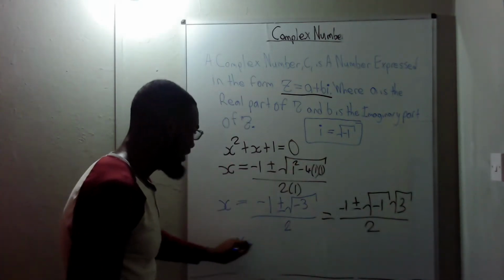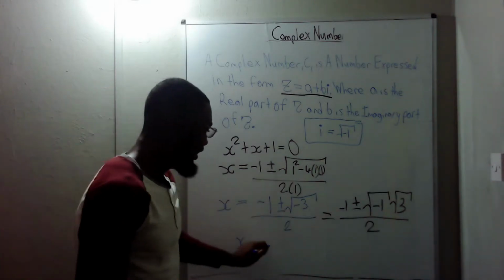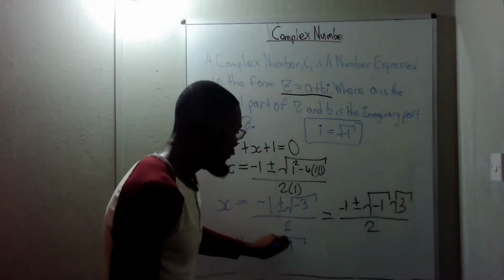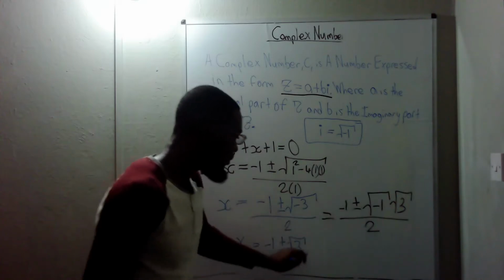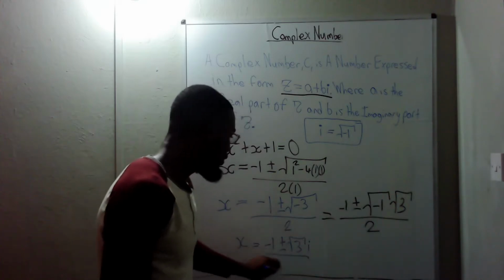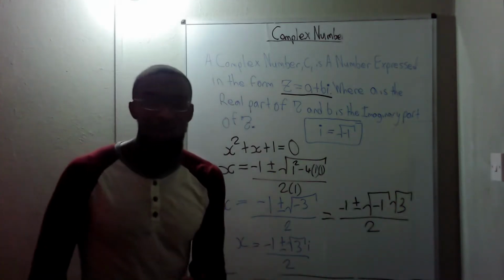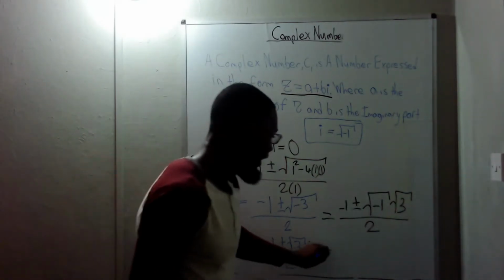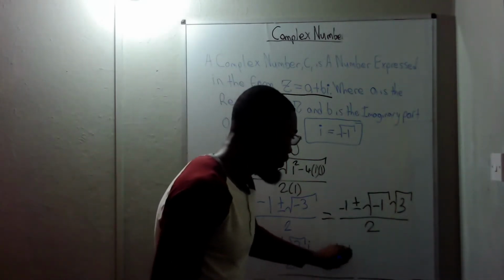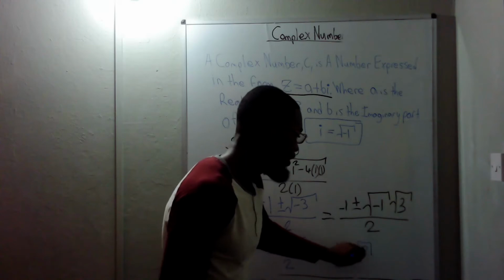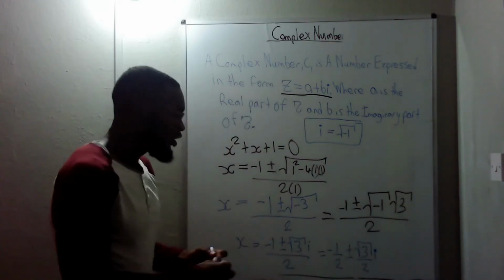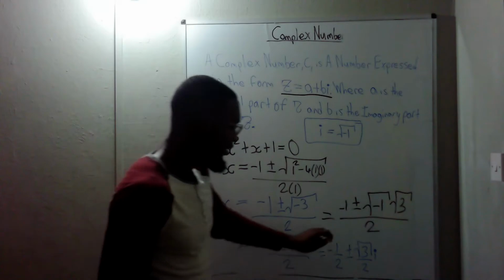So in this case, x would be equal to negative 1 plus or minus the square root of 3 times i, over 2. Breaking it up as proper fractions, this would be negative a half plus or minus root 3 over 2 times i. Now you see this negative a half right here?